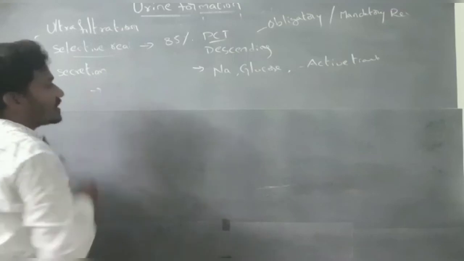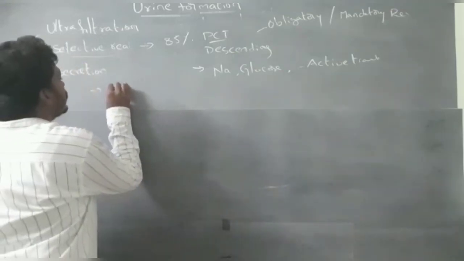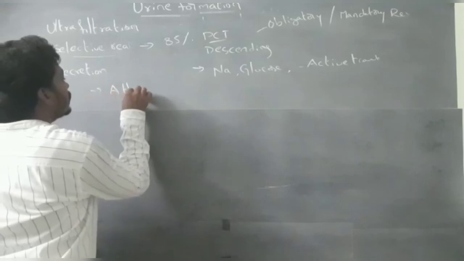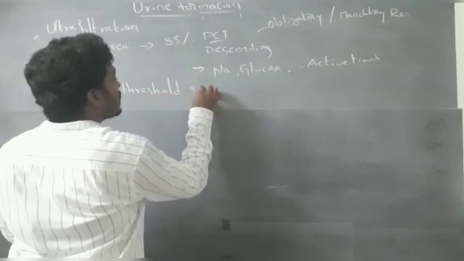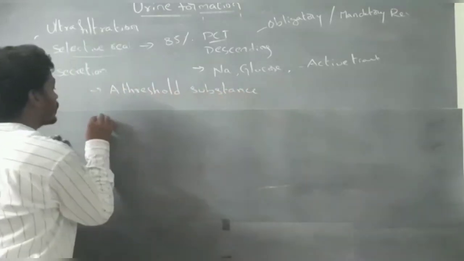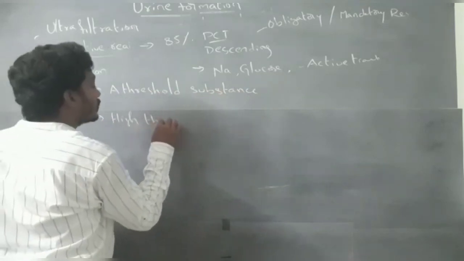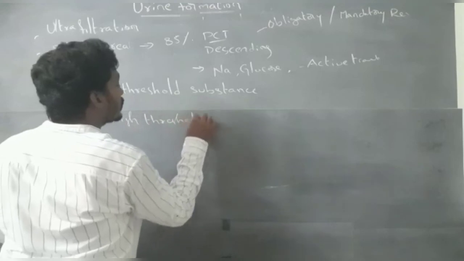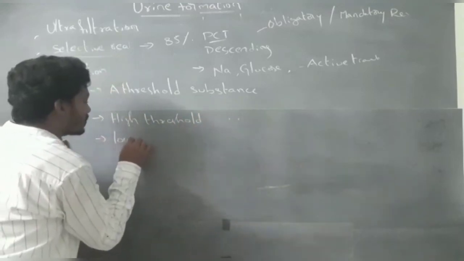So these substances are divided into non-threshold substances, high threshold substances and low threshold substances.